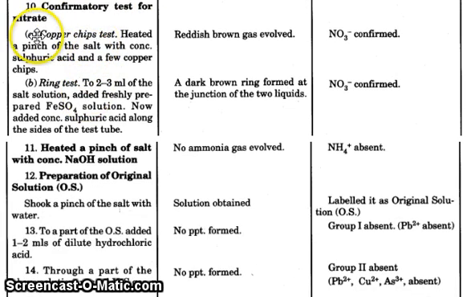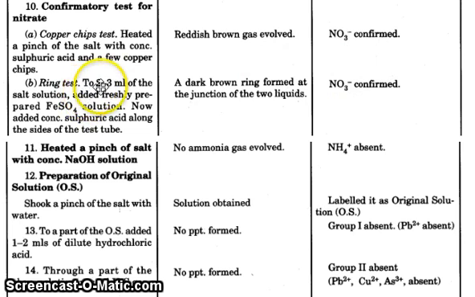Confirmatory tests for nitrate. What will you do? Copper chips test. Heated a pinch of the salt with conc. sulfuric acid and a few copper chips. A reddish brown gas evolved. This is your observation, so nitrate confirmed. This is the confirmatory test of nitrate. Ring test.